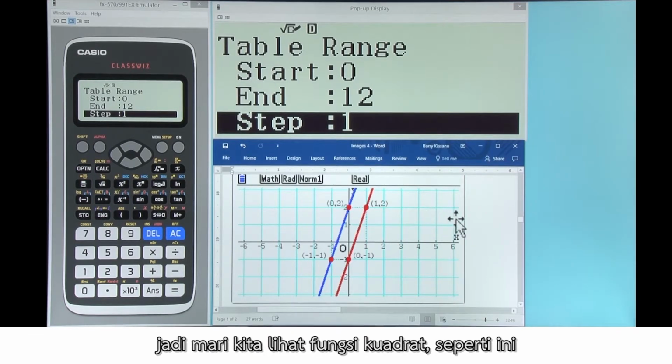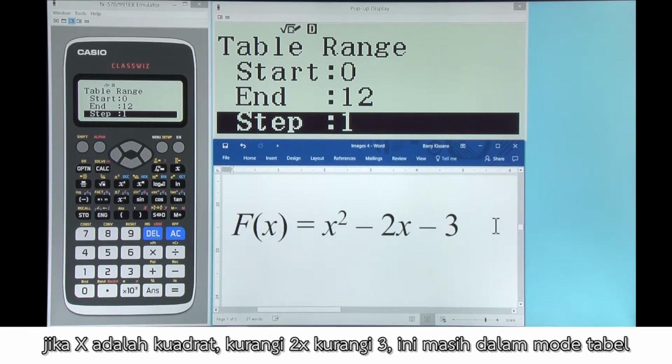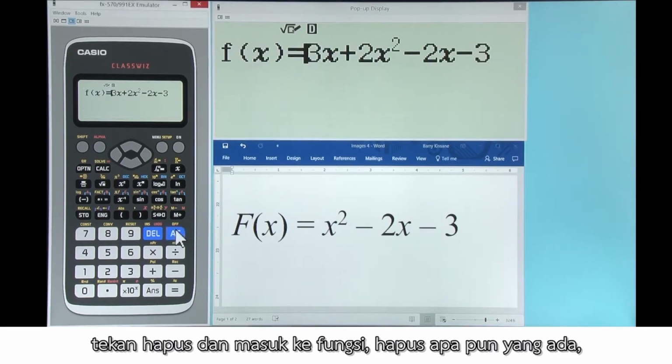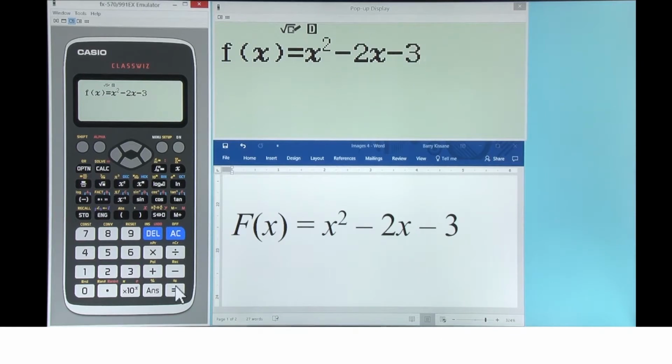So let's look at a quadratic function, such as this one. f at x is x squared subtract 2x subtract 3. Still in table mode, tap clear and enter the function. Clear whatever is there, I'll just tap clear. And x squared subtract 2x subtract 3.